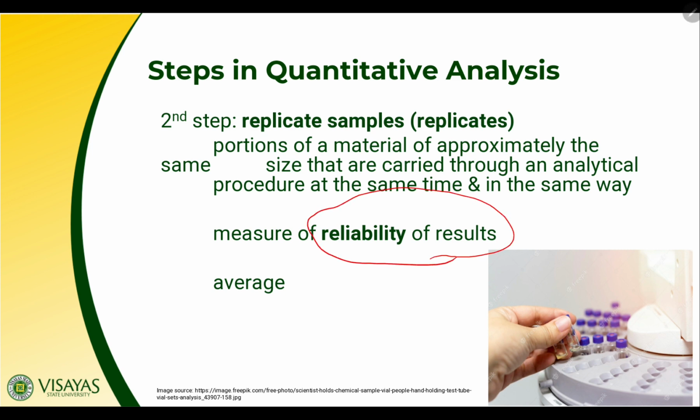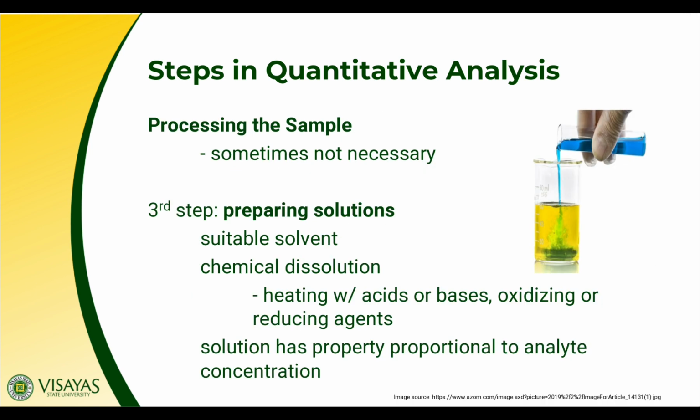The more replicates you have, the more reliable your results would be. And of course, you need to carry out an averaging, trying to get the mean values of those replicates.